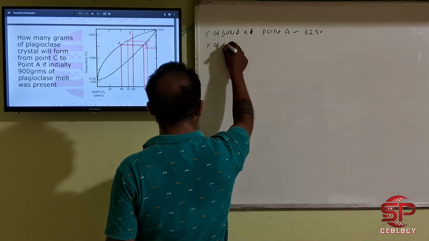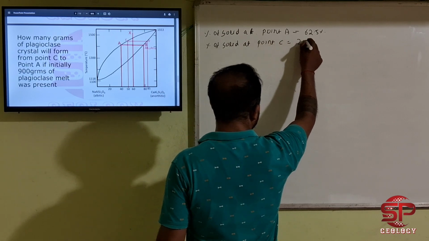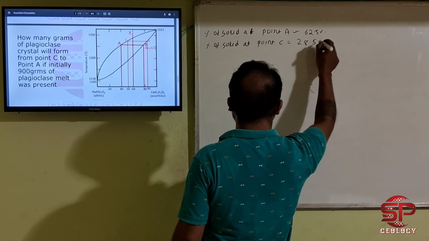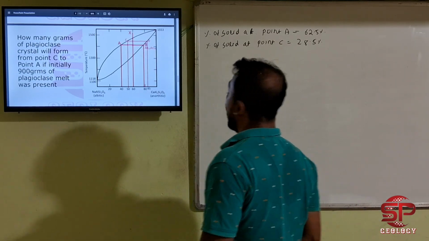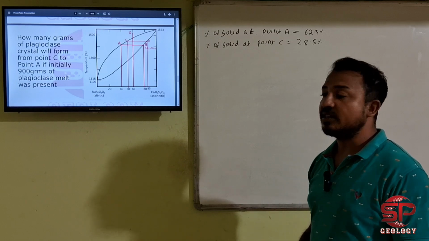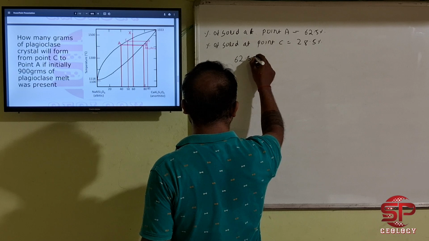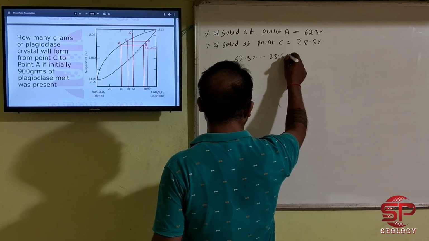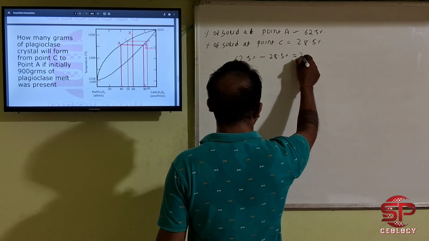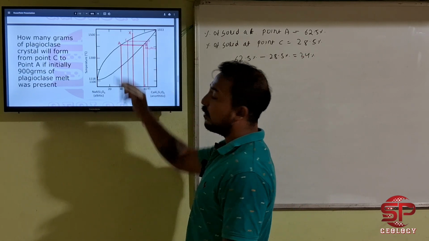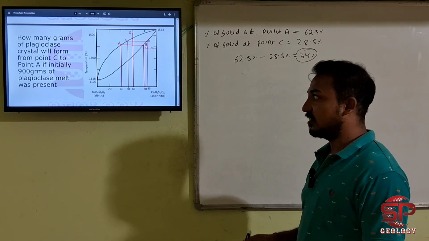The percentage of solid at point C is approximately 28.5%. So from this point to this point, what percentage of solid is crystallized? You have to subtract them: 62.5% minus 28.5% is 34%. So from C to A, 34% of the solid or plagioclase is crystallized.